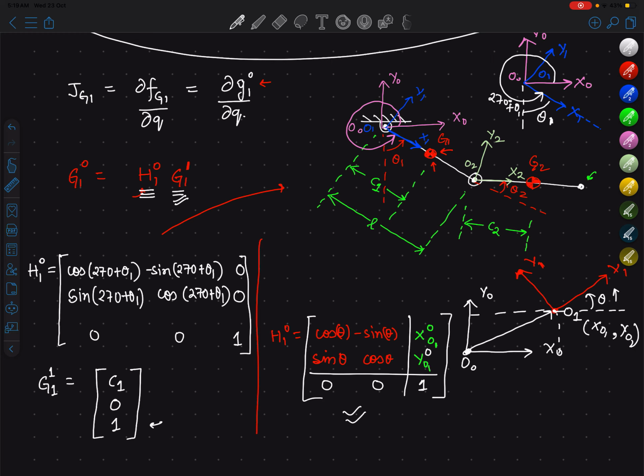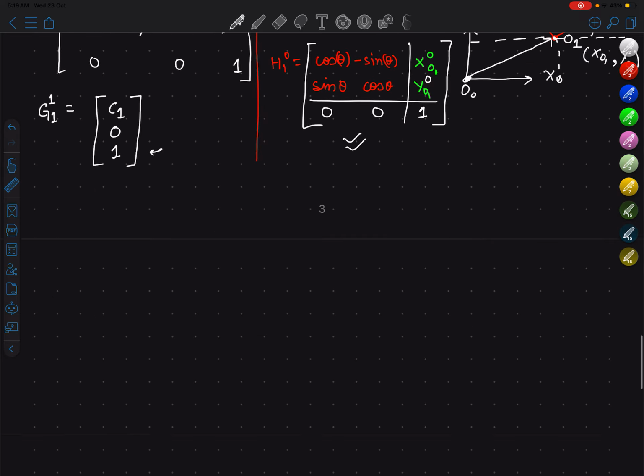Now let's calculate G1_0. G1_0 will be H1_0, which is given by: cos(270 + theta 1) will be sin theta 1, right?